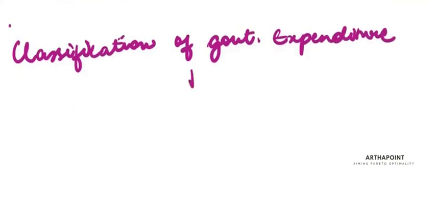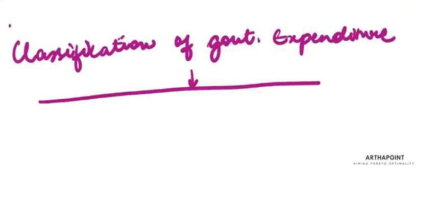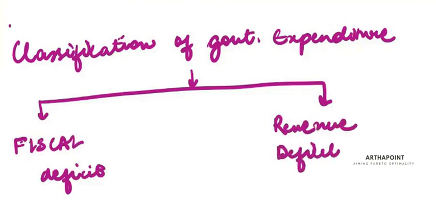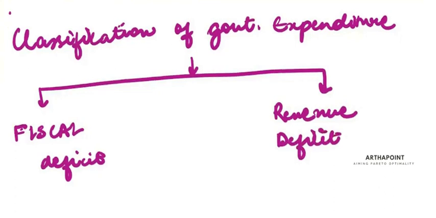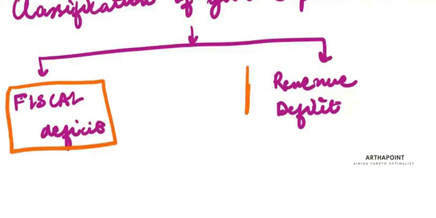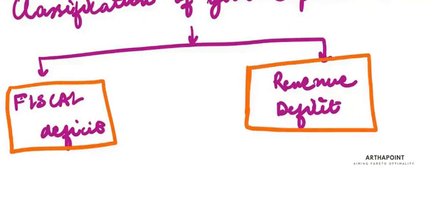One way to classify government expenditure is to classify it as fiscal deficit or revenue deficit. You can also say that this can be a classification of the deficit, that there are two ways to classify the deficit: fiscal deficit and revenue deficit.